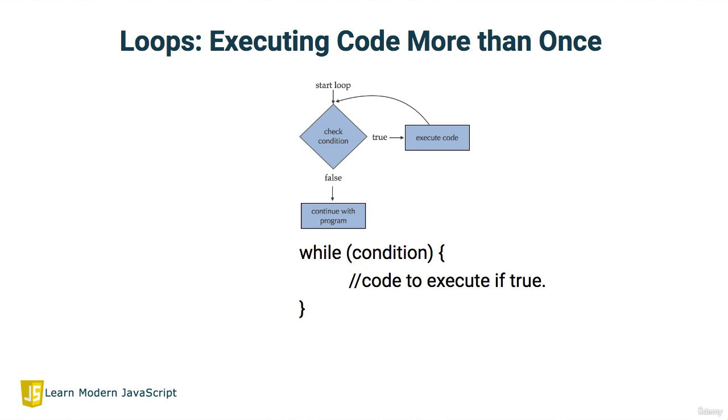Inside the curly braces, we have the code that we want to execute. With the while loop, while that condition is true, it will continue to execute that code. As soon as that condition becomes false, it exits out of the loop and continues on with the rest of your JavaScript code, the rest of the program.